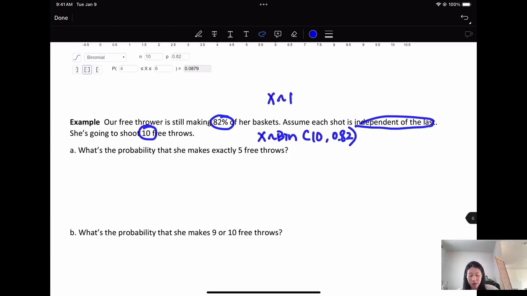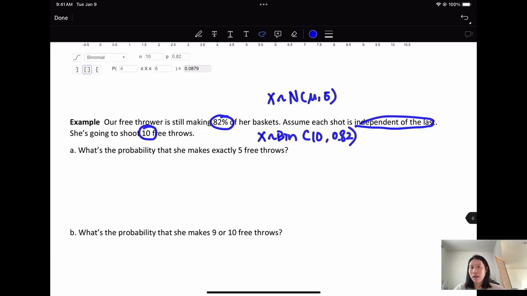We might have a normal distribution with mu and sigma, and we might have a Poisson distribution, but we might not learn that this quarter. Okay, so now, what is the probability that she makes exactly 5 free throws?